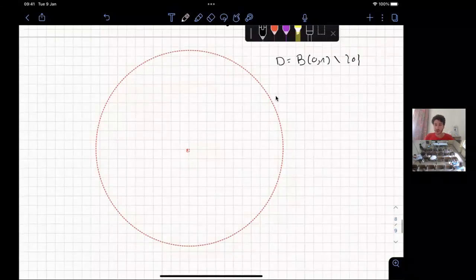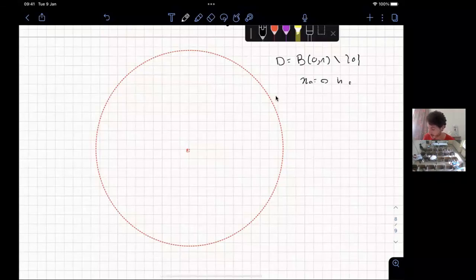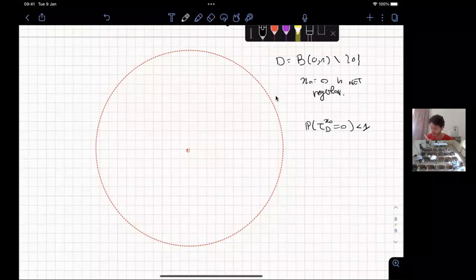And we want to show that x0 equal to 0 is not regular. What does it mean, not regular? It means that the probability of T_D x0 equal to 0 is smaller than 1.